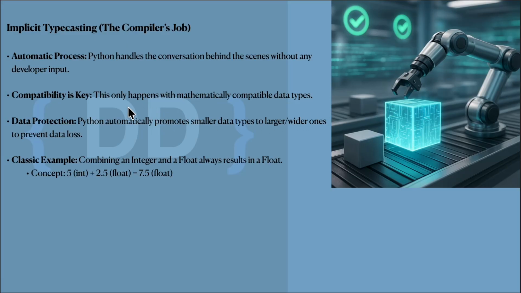Now, this only happens with mathematically compatible data types. So what does that mean? It prevents data loss. For example, if you add an integer and a decimal, Python automatically converts the integer to a float. It picks this up behind the scenes. However, it only works with data types that are fundamentally compatible.